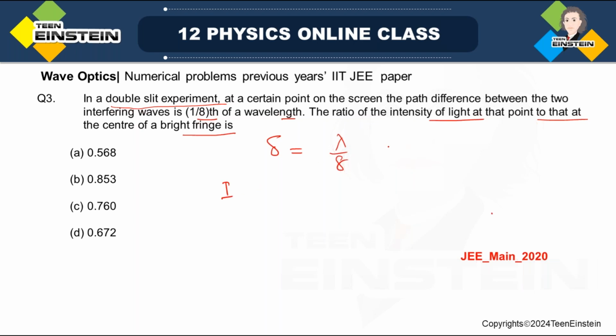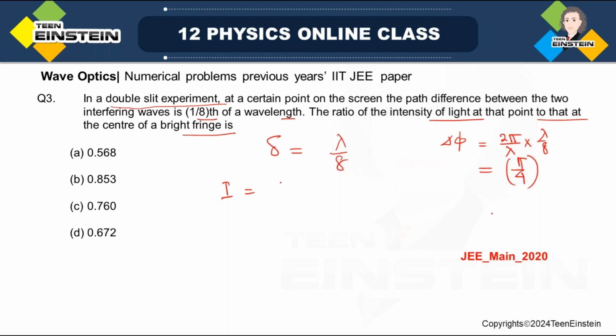Since the path difference is given, it is related to the phase difference. So 2 pi by lambda into lambda by 8 gives pi by 4 as the phase difference. If this is the phase difference, then what will be the intensity?